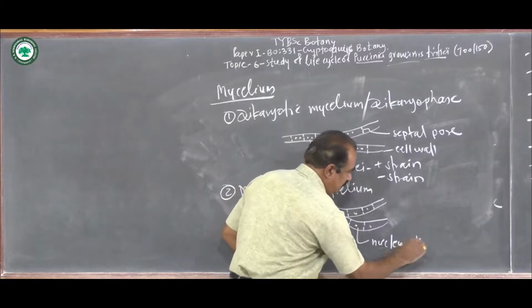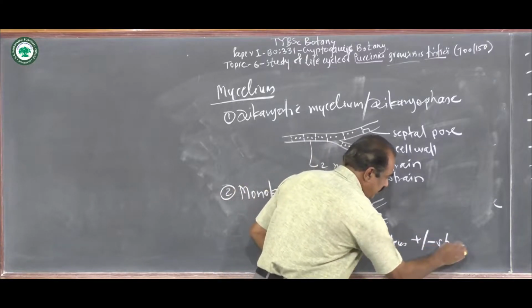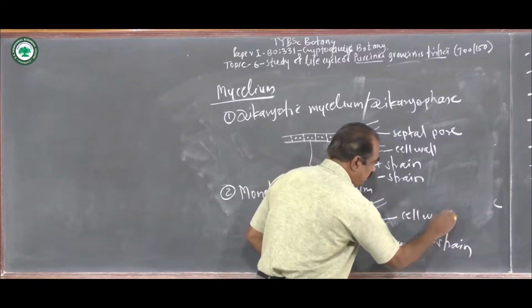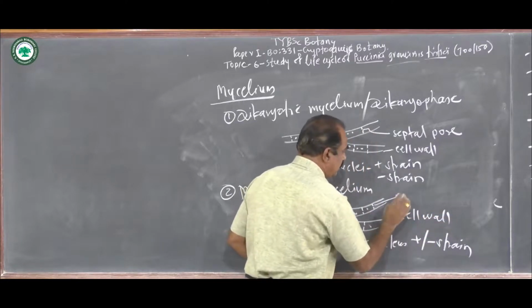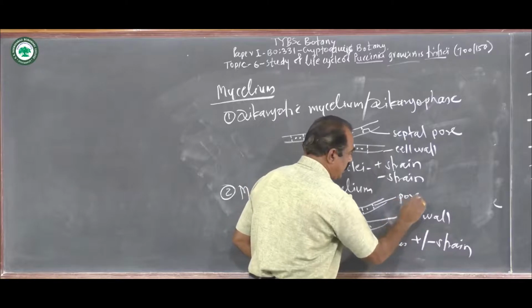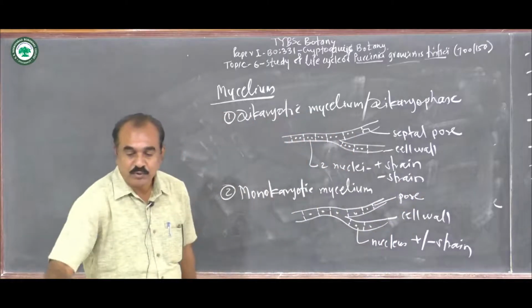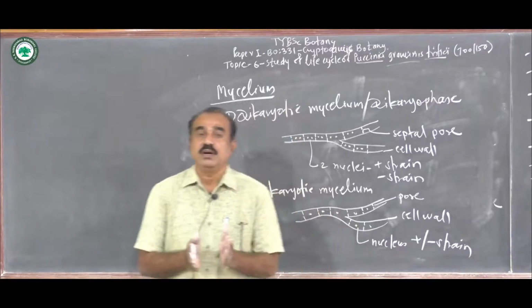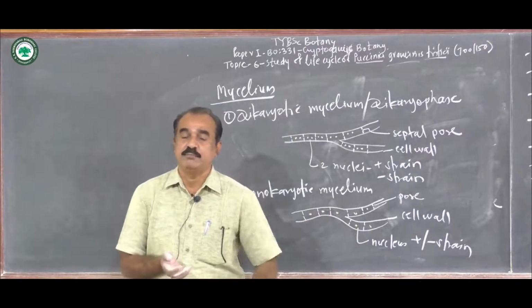Nucleus, it is a plus or minus strain. Cell wall. Generally it is found on the dicot host, that is on the alternate or secondary host, for example barberry.